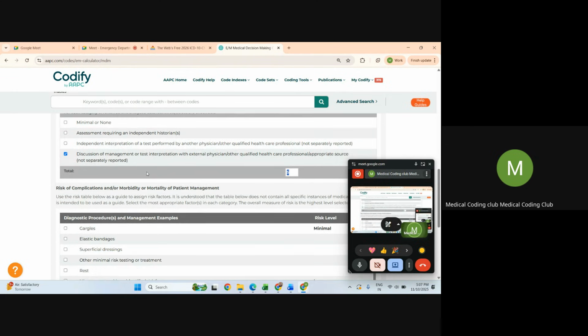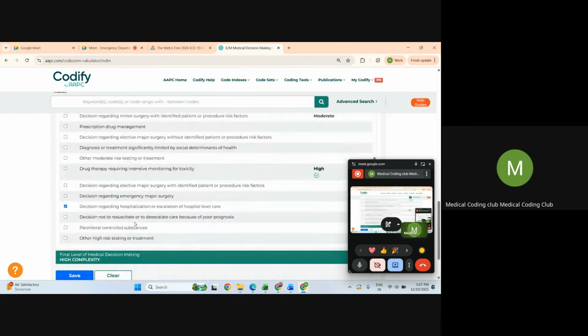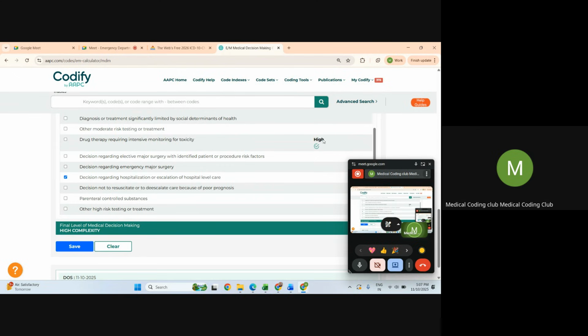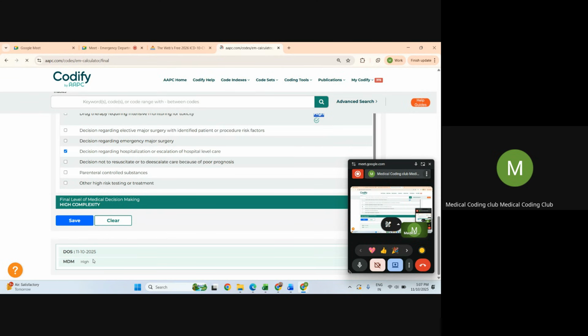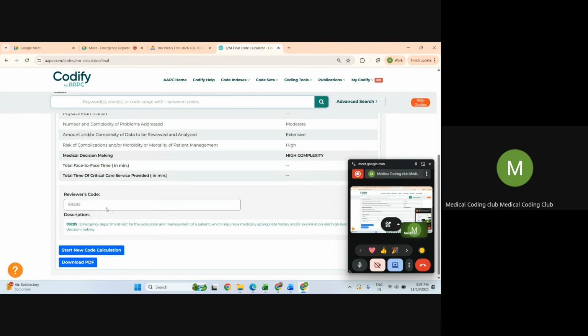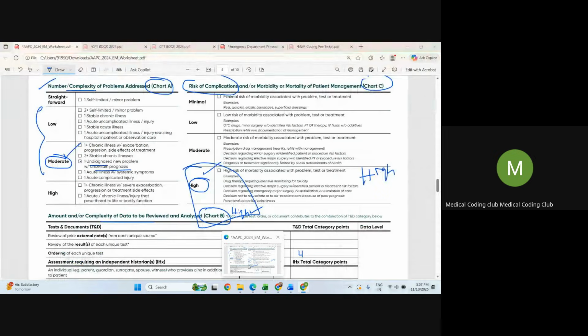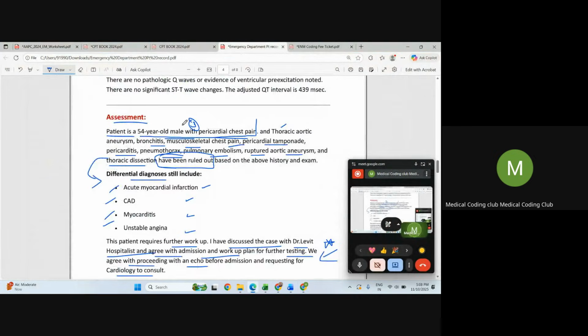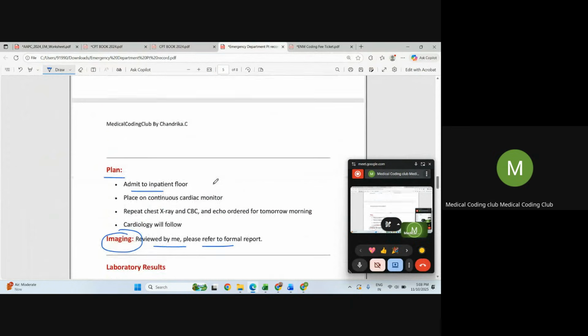Together, lastly, we have decision regarding hospitalization. For this, what is the level you are getting? High. So totally your MDM is high complexity, and your E/M code is 99285. 99285 is the E/M code for this particular emergency department medical record.